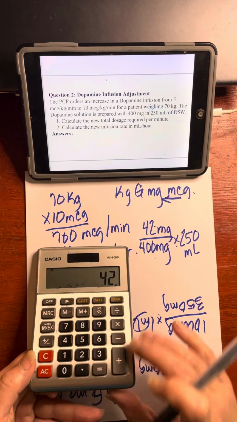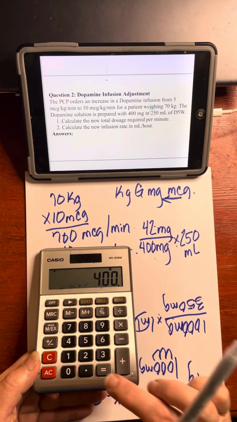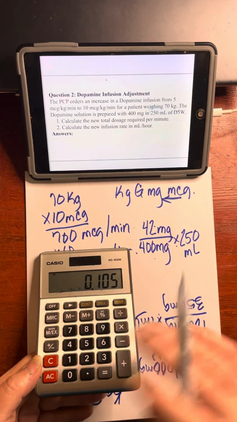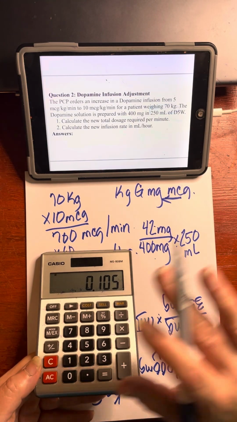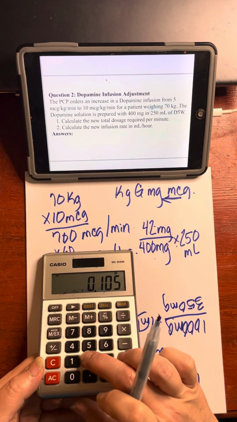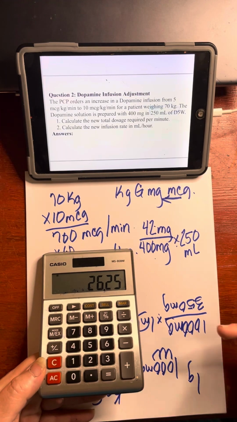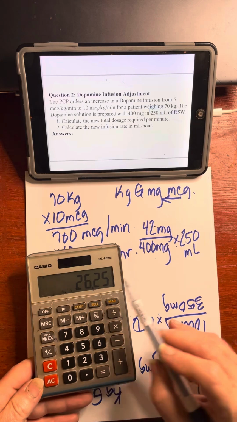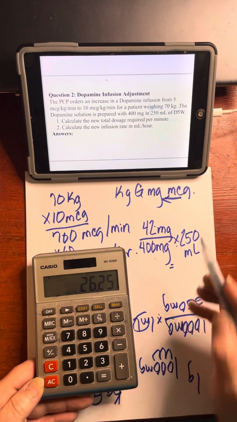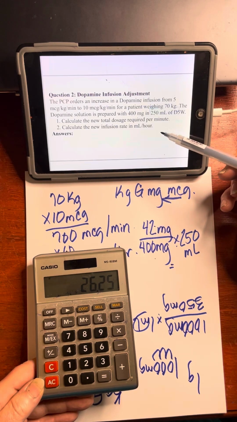42 divided by 400 equals, don't look at it because you're not done. And that will throw people, they say, that don't look right. How do you know what looks right at this point? Keep going. Times 250, wrapped in all the love I can muster. So, she did not say anything about rounding.